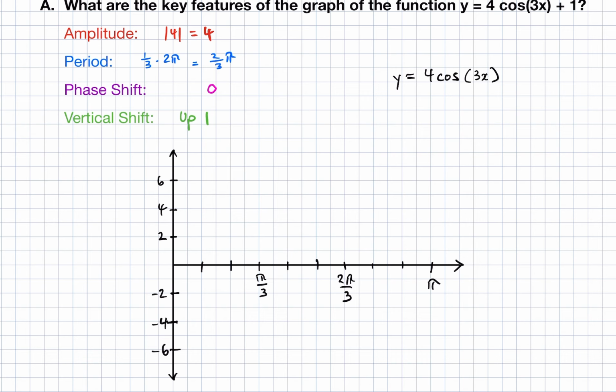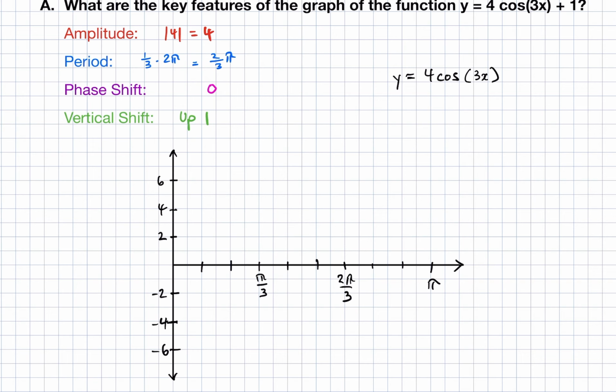Okay, so with the cosine, we know that it's going to kind of look like a U, okay? Sort of a U. And the coefficient in front of the cosine is a 4, okay? So we know we're going to start at 4.